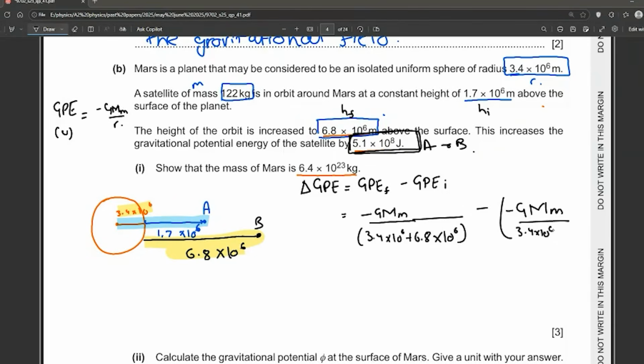Negative negative becomes positive. The change in gravitational potential energy is 5.1 into 10 raised to the power of 8.